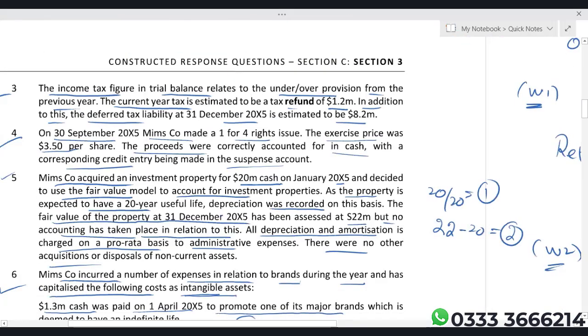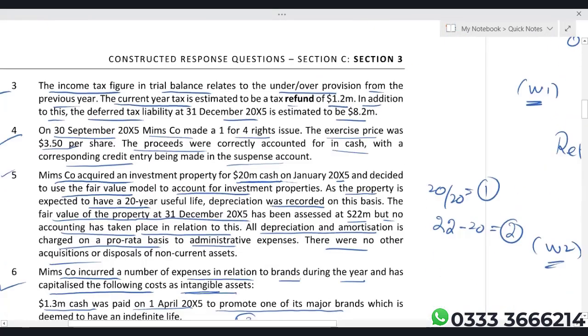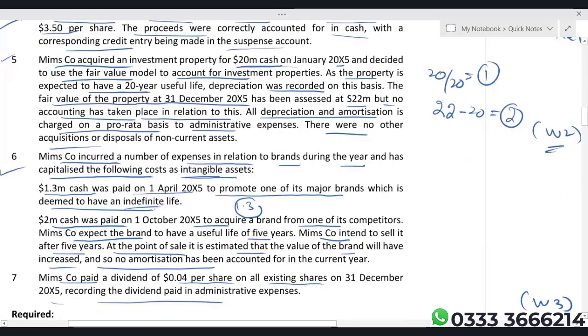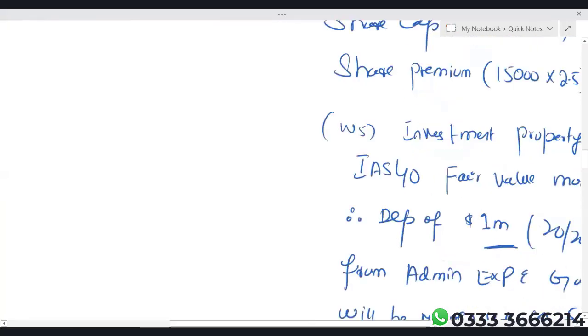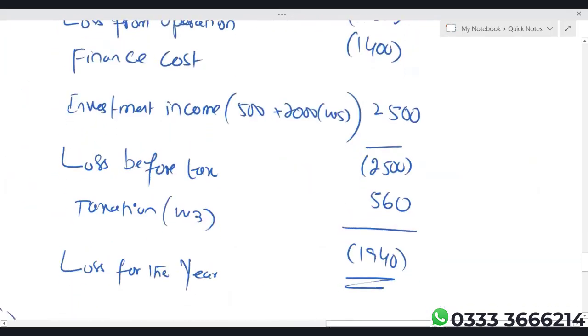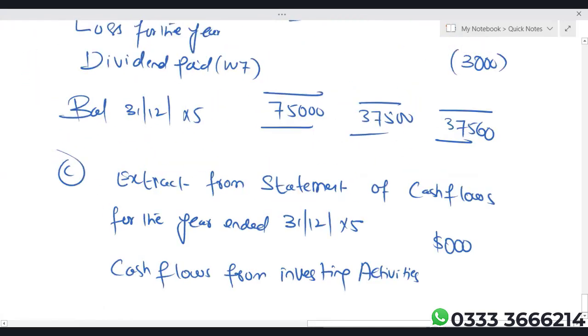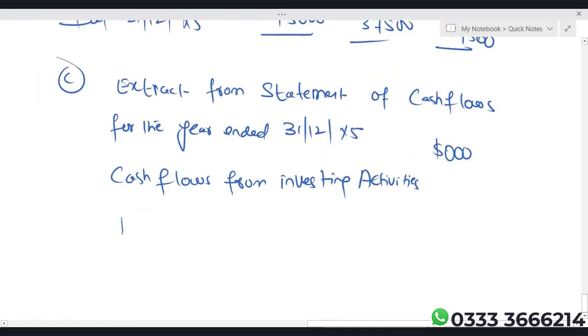MIMS Company acquired an investment property for 20 million. Okay, what else? MIMS Company acquired a brand for 2 million and there's investment income of 500 in the trial balance. So simply, purchase of brand is 2 million.